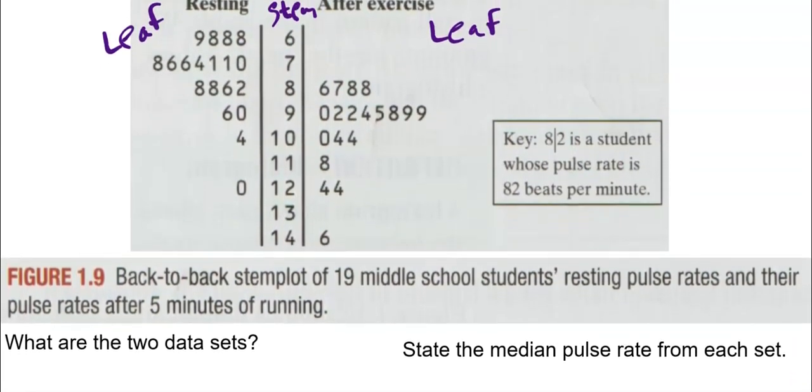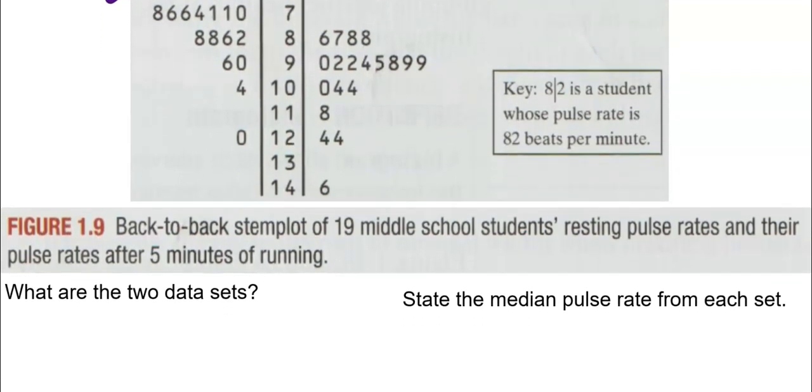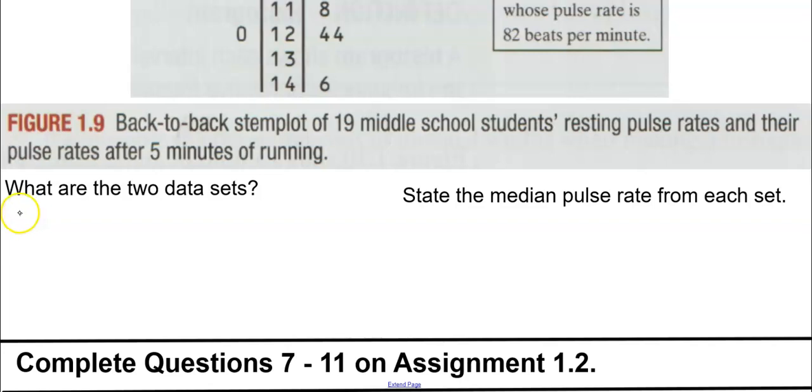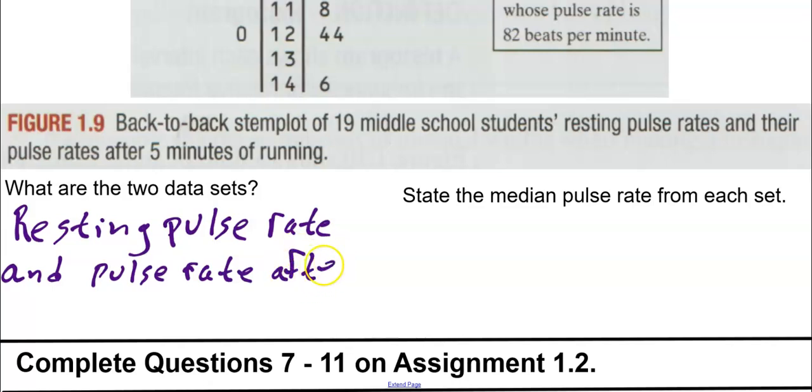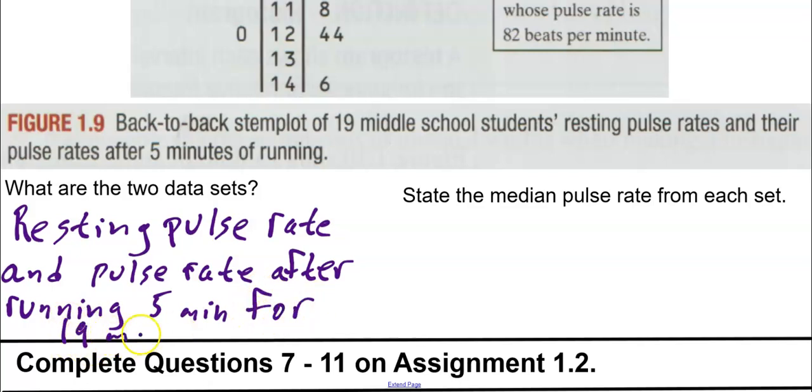So if we look at this, what are the two data sets? Well, my data sets are resting pulse rate and pulse rate after running 5 minutes for 19 middle school students.